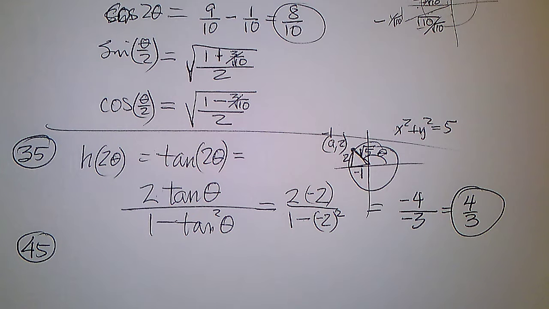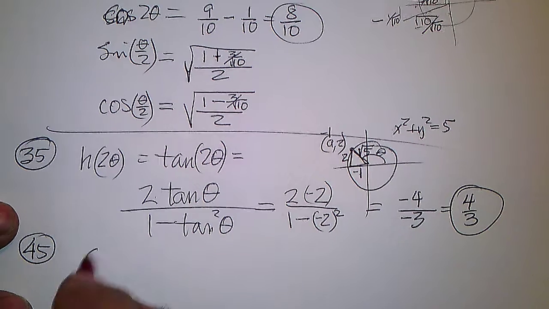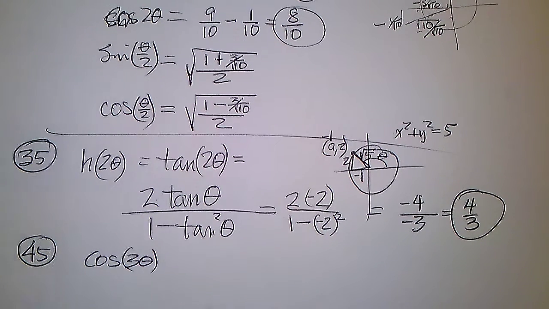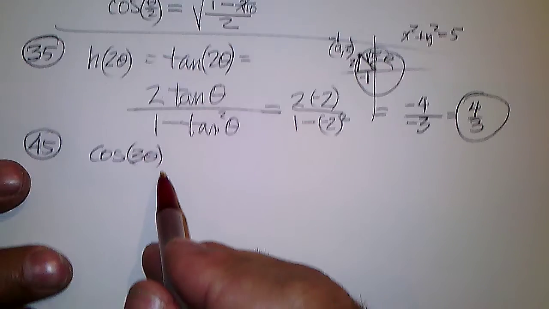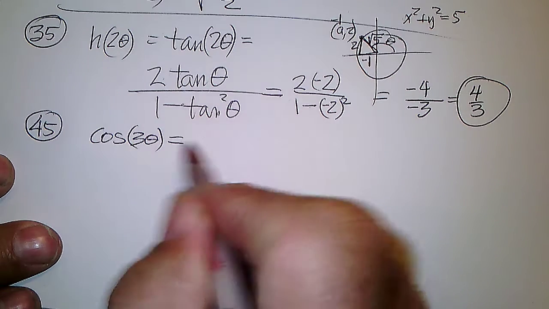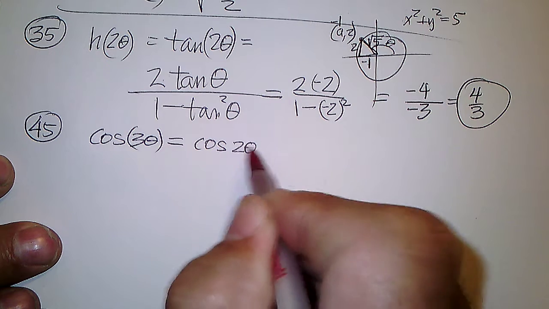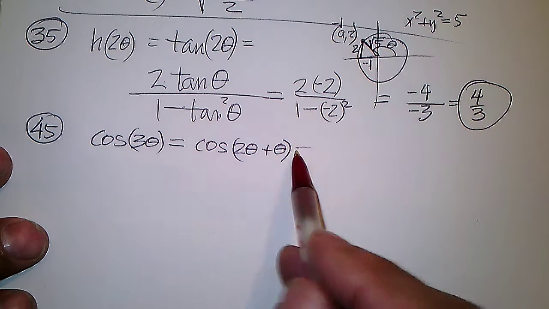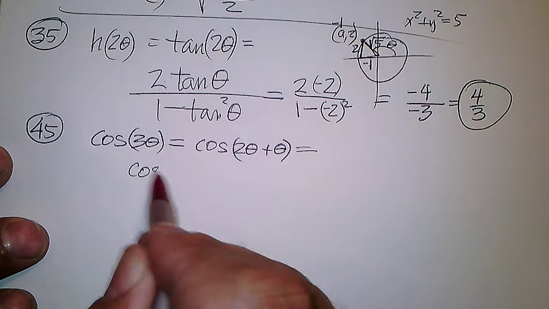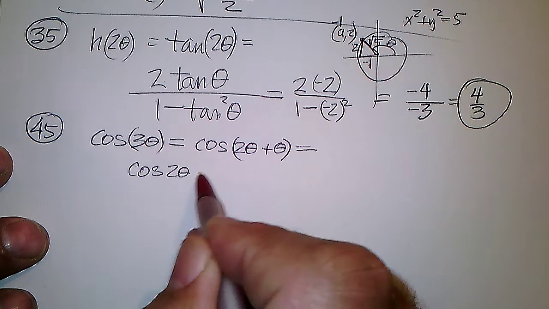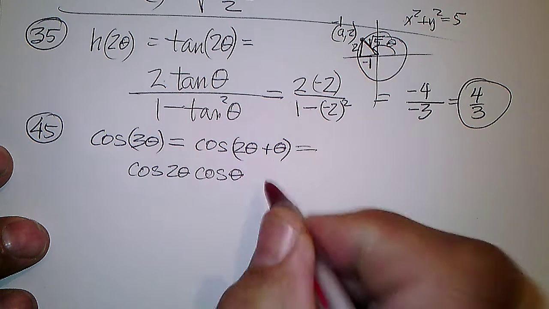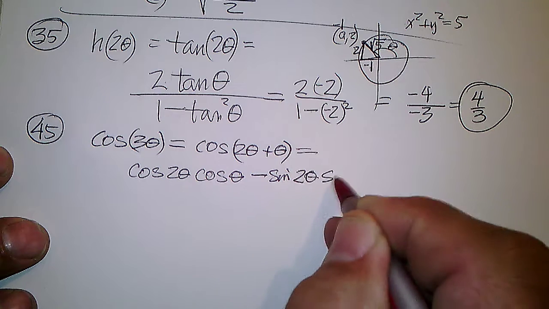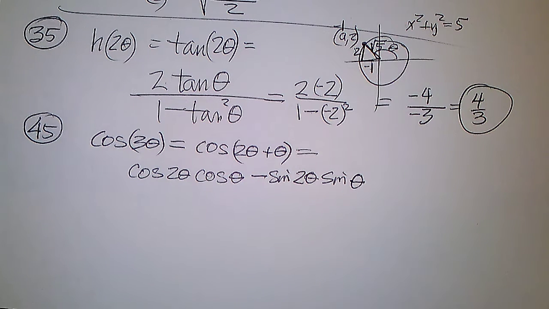And 45 says, develop a formula for cosine of 3 theta. Well, if we're going to do that, we need to break this up, and we can call that cosine of 2 theta plus theta. That's 3 theta. And if we run that through the formula, that's going to be cosine of the first, cosine of the second, minus sine of the first, sine of the second.